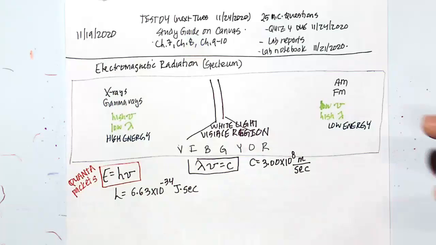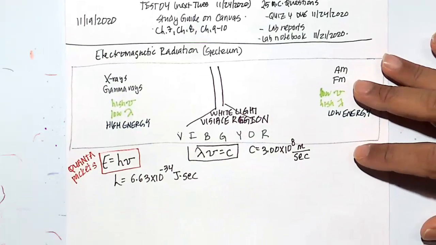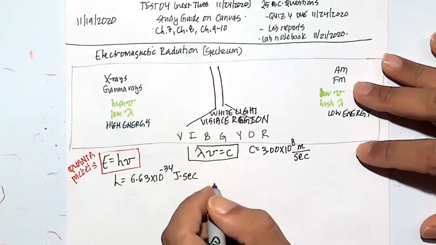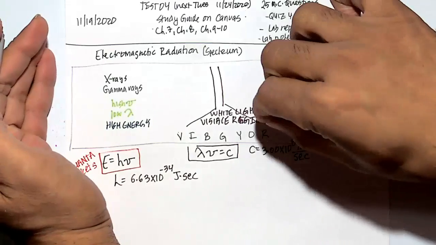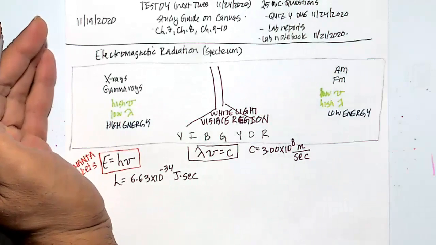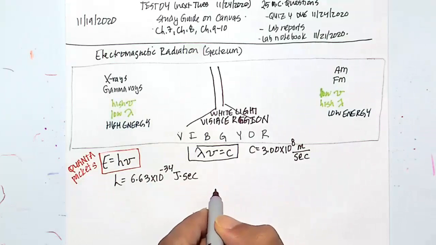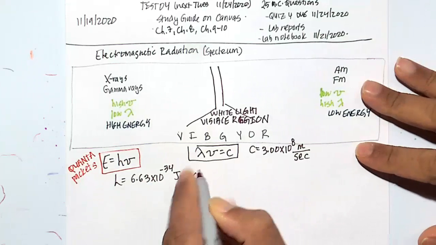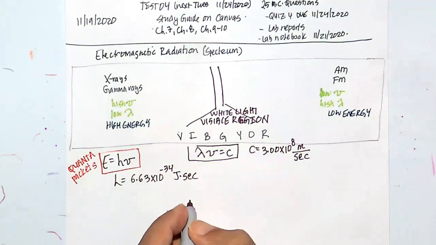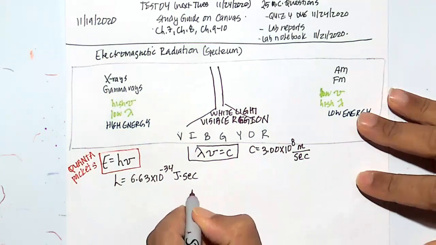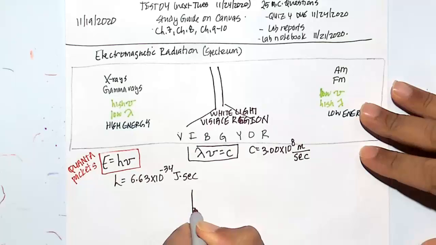Right, so these are 2 important equations here. And another important characteristic of things that lie inside the electromagnetic spectrum is that these are actually waves, but they're actually 2 waves. They're traveling perpendicular to one another.